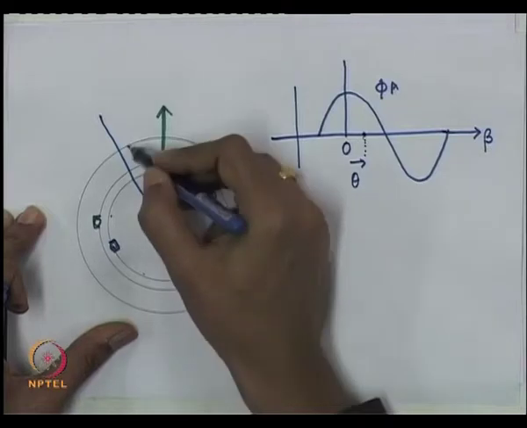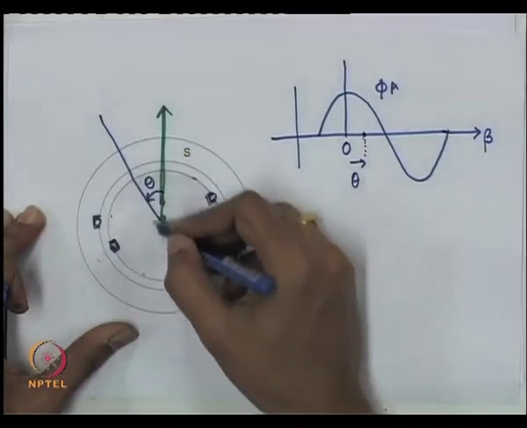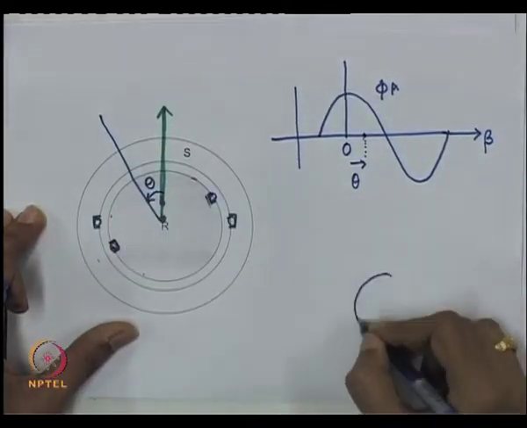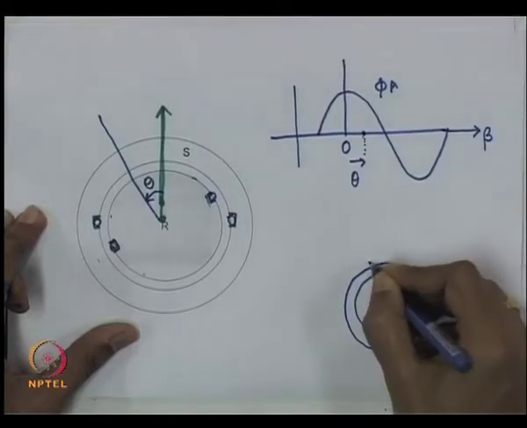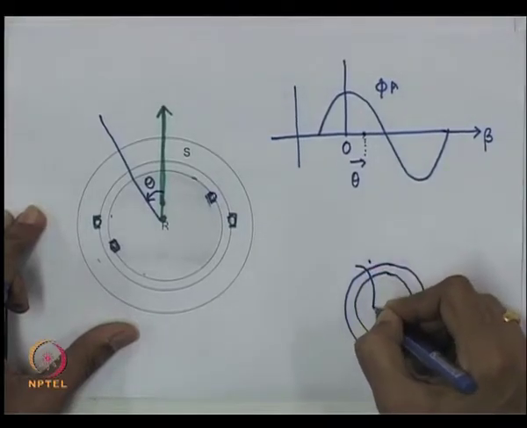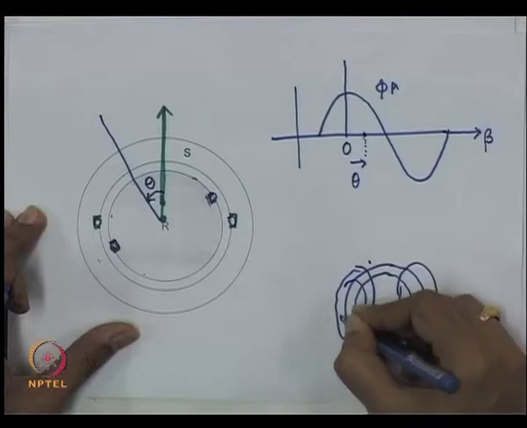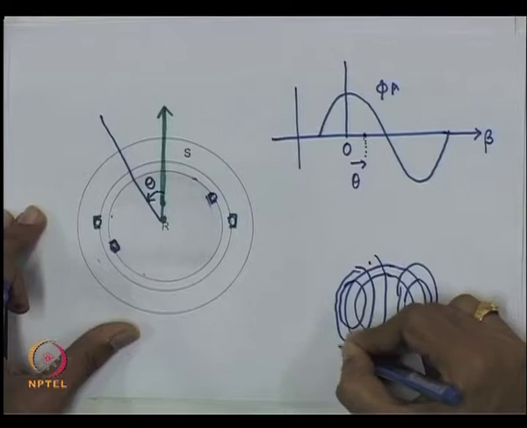If you look at the flux, it is in this direction. I will just redraw it here so that it becomes easy to understand. The flux due to the A winding is of this kind, like this, and maximum of course here.